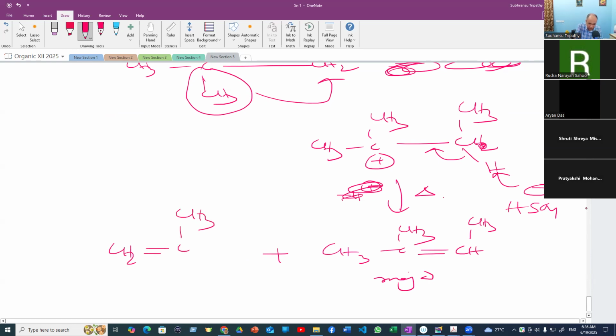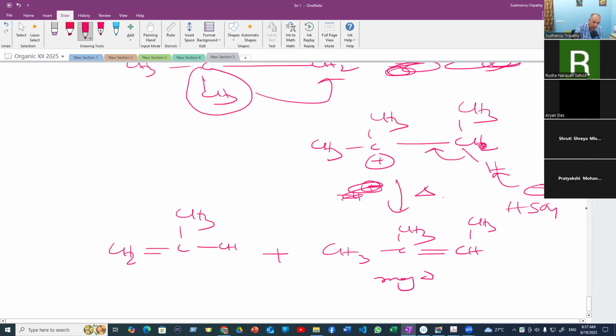You get all possible products in elimination. Elimination is not regiospecific, it is regioselective. But stereo wise, it is stereospecific only when you have E2. In E1, in alcohols, there will be so many rearranged products, multiple products.